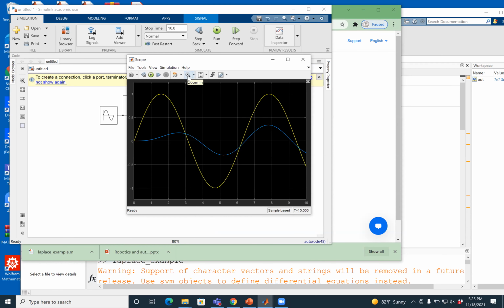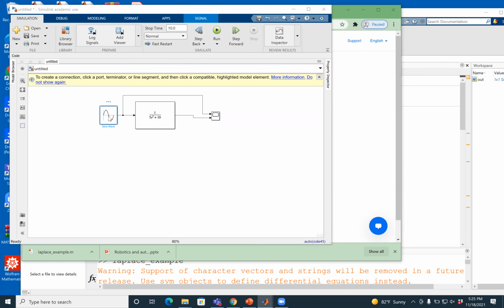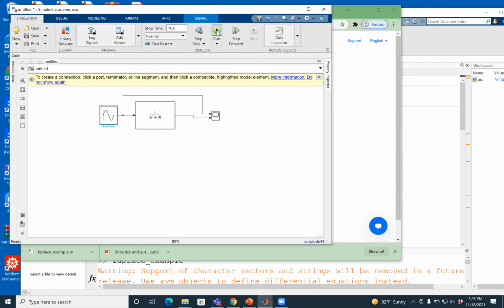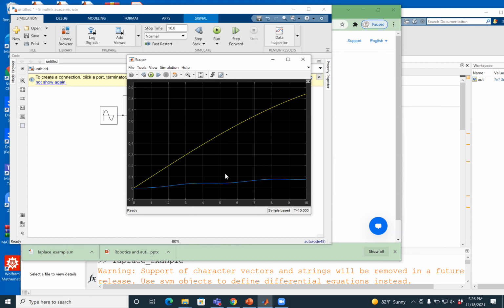Now, what happens if I change the frequency of input? So initially, I'm going to change this frequency to 0.1, and then I'm going to run this and look at the plot.